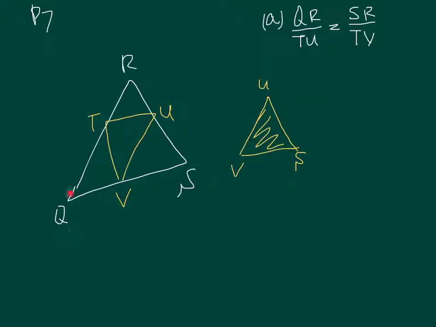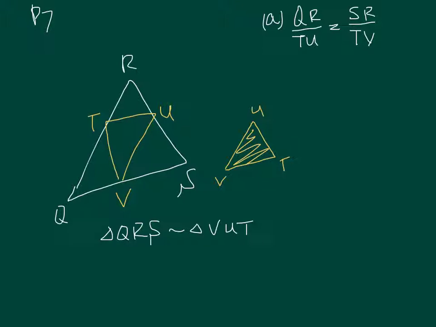So this tells us that Q corresponds to V, just like it says triangle QRS is similar to triangle VUT. Sorry, this is not S, this is T. Now, let's look at QR divided by TU.